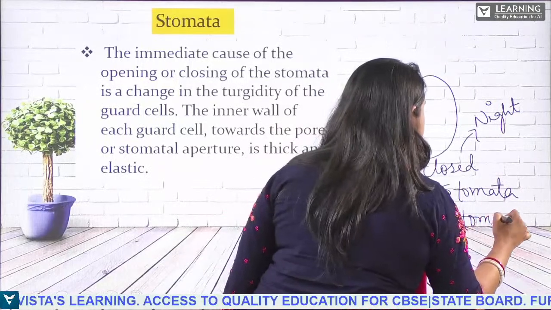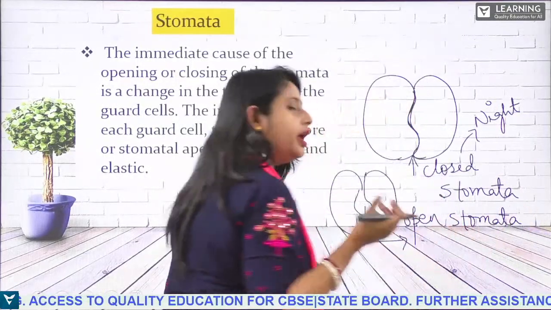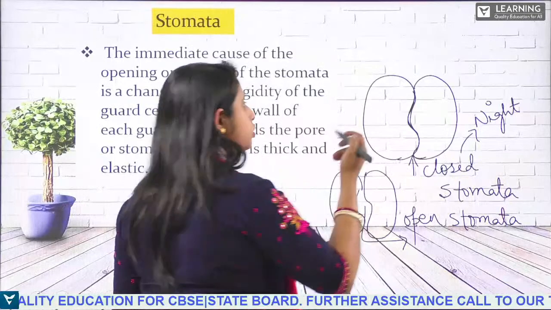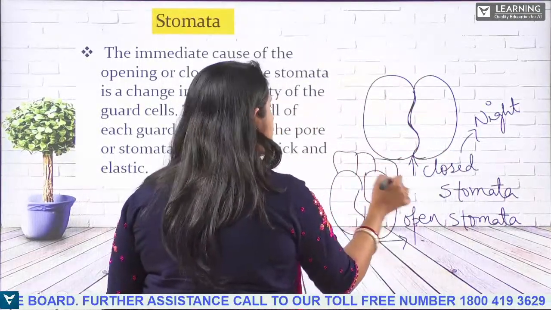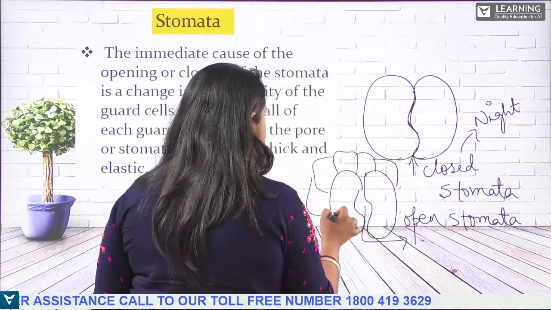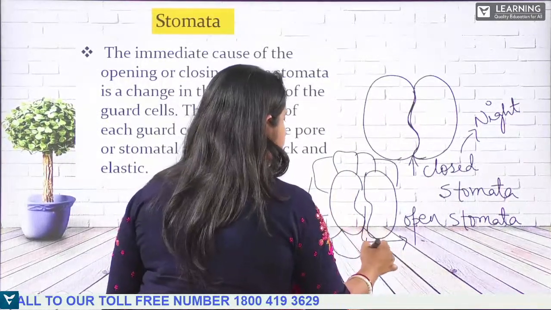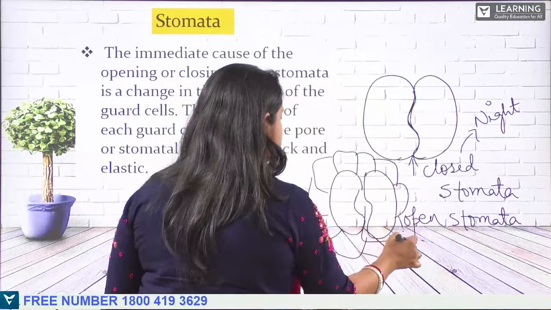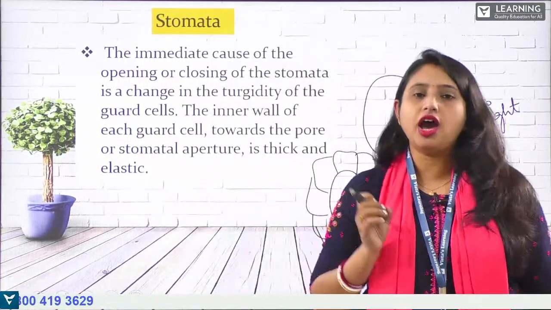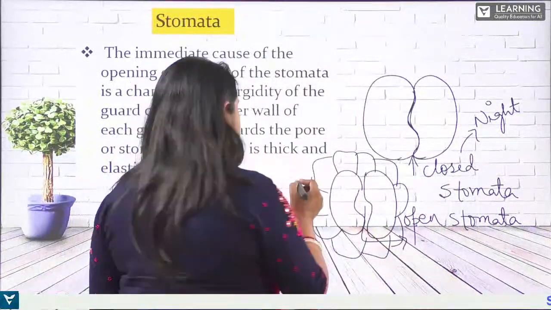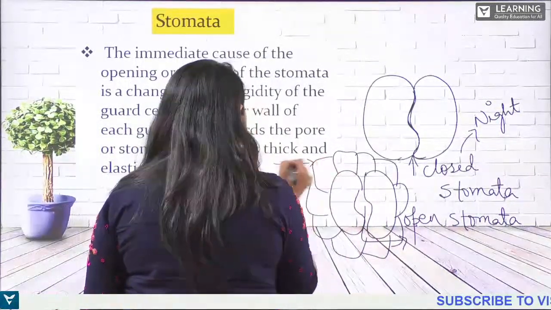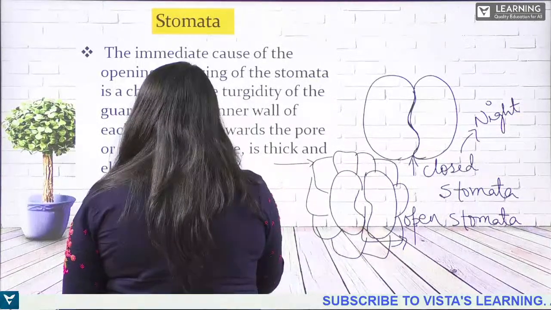The guard cells open and close. These are the stomatal apparatus. Stomata is also having an outer covering that is known as epidermis.